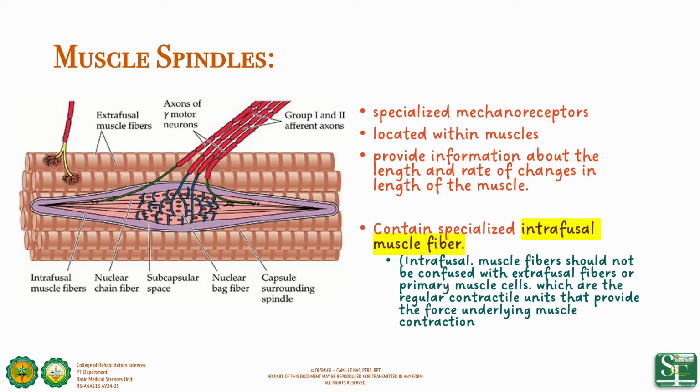Wala sila sa loob, nasa labas. Kaya sila extrafusal, no? And it's the regular contractile units that provide force underlying muscle contraction, and can be also received by both extrafusal and intrafusal muscle fiber. Magkaiba lang sila ng location.